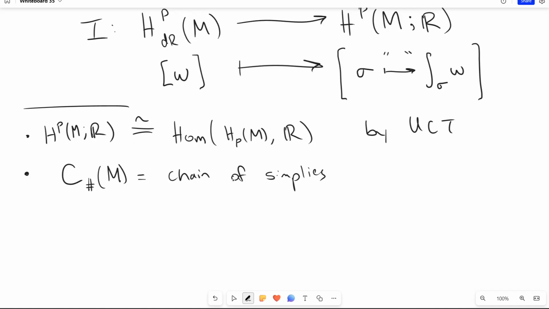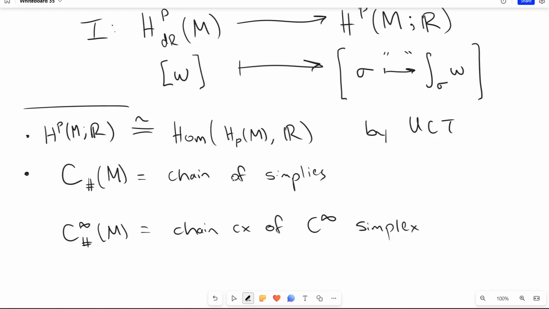We're going to replace it with a different chain complex, which I'll call C hash infinity M, which is the chain complex of smooth simplices. A smooth simplex is, if we consider a simplex as a manifold with corners, we want the map from this manifold with corners to M to be a smooth map.